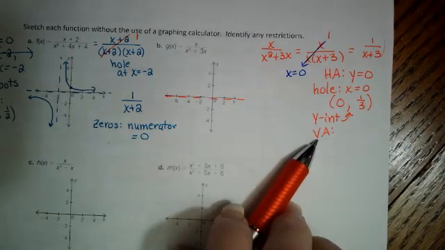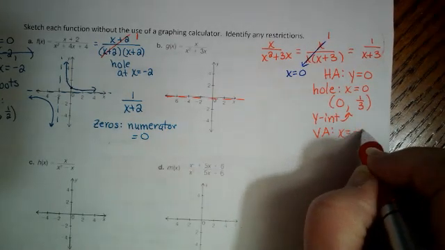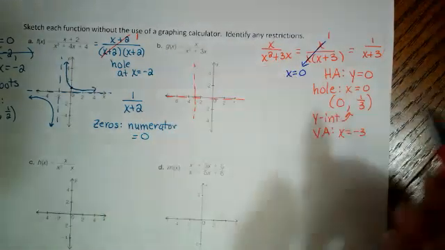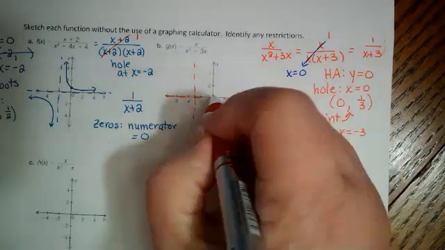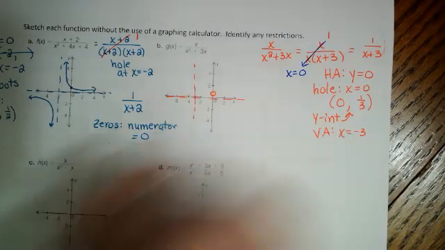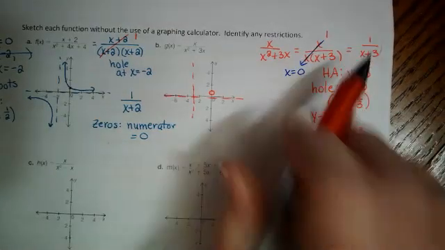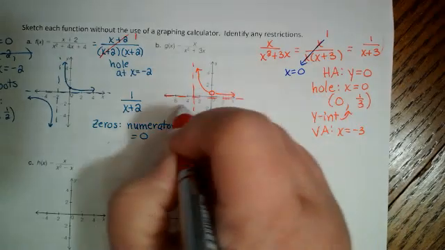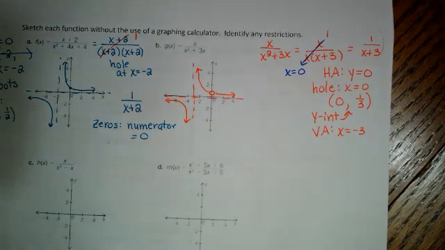The vertical asymptote is what makes the denominator equal 0, and that was x equals -3. So I've got my hole at 0, 1/3, and then I just graph. I know what the graph of 1 over x plus 3 looks like. It looks like this. The only difference is there's a hole. It's undefined at that spot.